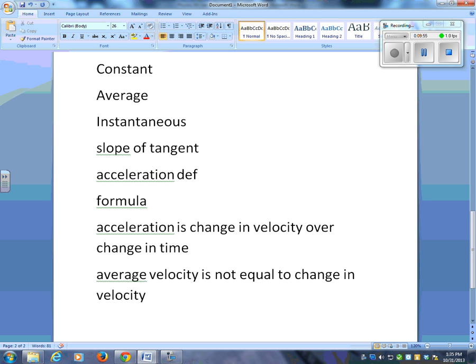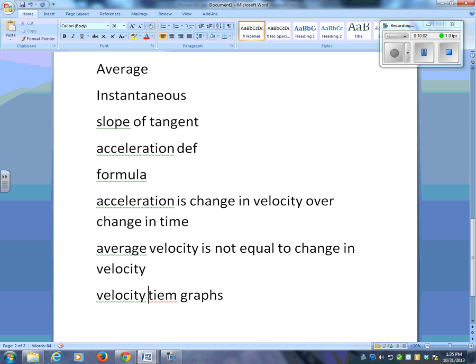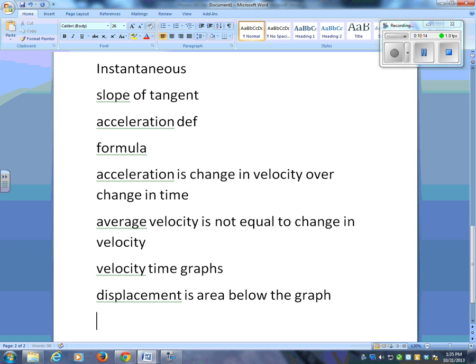Okay. Then we get into velocity time graphs. Now here's where things get a little more challenging, right? Velocity time graphs. Remember velocity time graphs, you can find the displacement by finding the area. Make sure you know how to do that. Remember there were 2 sheets in there that were very, very crucial.